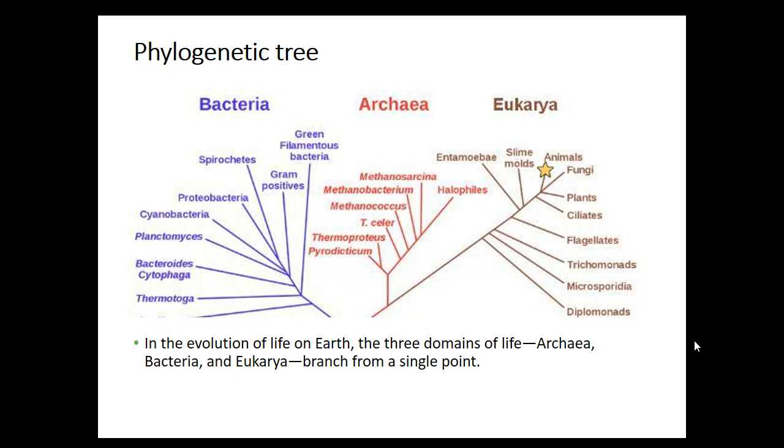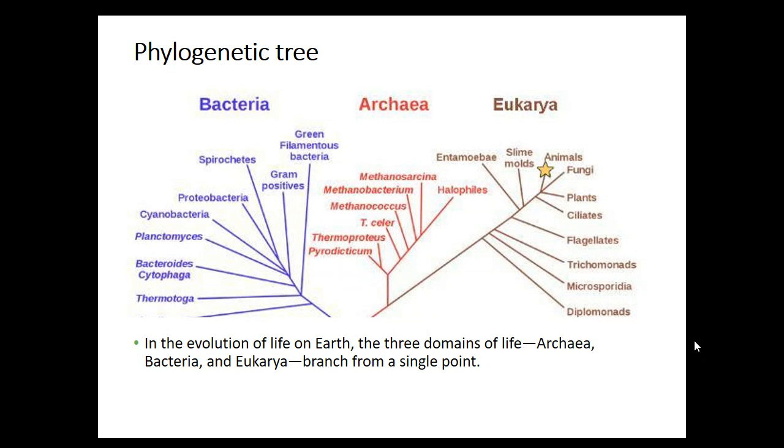We don't know what happened down here, going back before this, how these two branches connect. But we know that now, mostly from comparing the DNA of these different organisms. The DNA of these archaeans, one cell, weird things that look like bacteria, is more similar to the DNA of animals and fungi and plants than to the bacteria that they look like.